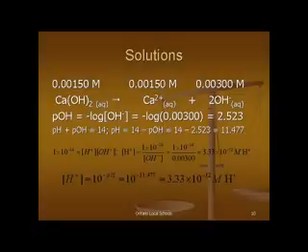And when we do that, we get a concentration of 3.33 times 10 to the negative 12th moles per liter H+. So that is how you deal with a strong hydroxide that has more than one hydroxide per formula unit. So how'd you do?